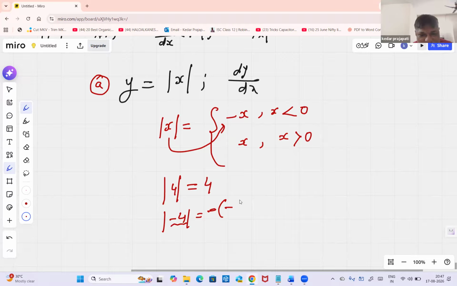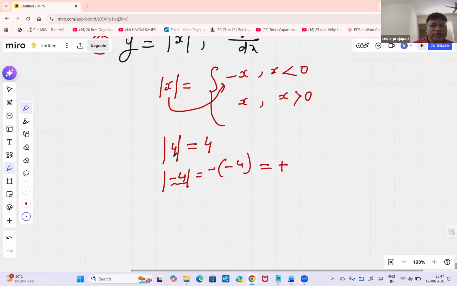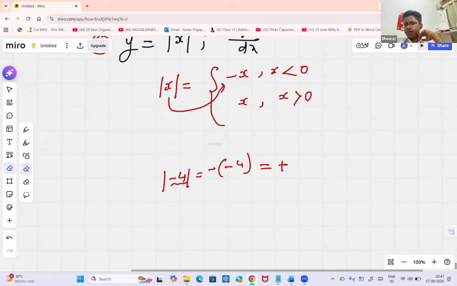Minus 4 is my quantity, and I'm putting one minus here so that it will become plus, correct? So mod value is never negative, but when you open this mod, it opens in two ways: minus x and x. So let us solve it. You want any more explanation here? Yes.